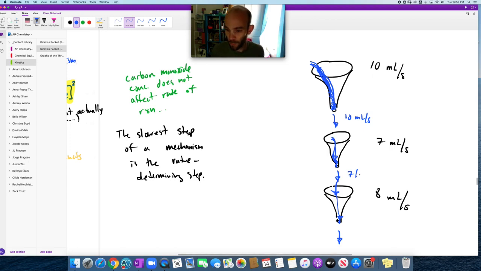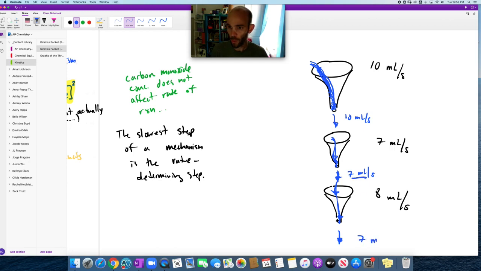Now let's ignore for the moment that that funnel is going to overflow or something. Now that 7 milliliters per second enters the third funnel, which could deal with an even faster rate, 8 milliliters per second. Does that mean this is going to exit at 8 milliliters per second? No, because it only went in at 7 milliliters per second.